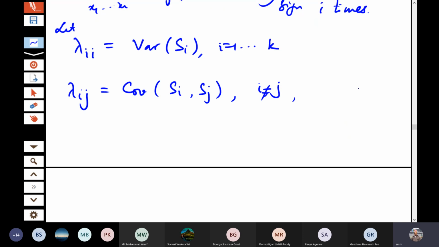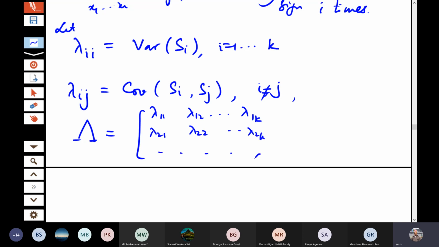Both are of course from 1 to k. So we have the matrix lambda which has these terms lambda 11, lambda 12, lambda 1k, lambda 21, lambda 22 and so on, lambda 2k, lambda kk. This is a k by k matrix, okay.